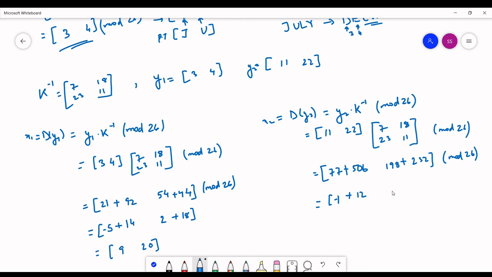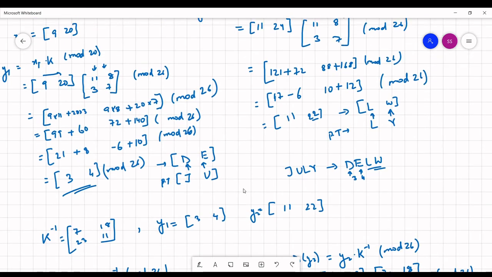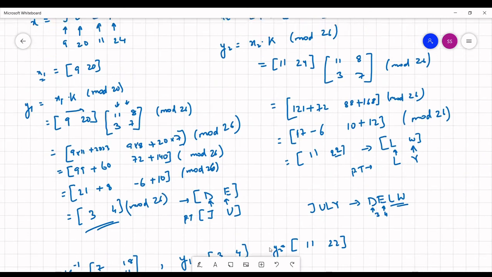So 68 minus 78 is minus 10. If you find 232 mod 26, you will get minus 2. So here I got 11, and minus 10 and minus 2 is minus 12. Minus 12 plus 26 is 14. So 11 and 14 is the value which I got for X2. Let's see if Y2 was 11 and 14 or not.